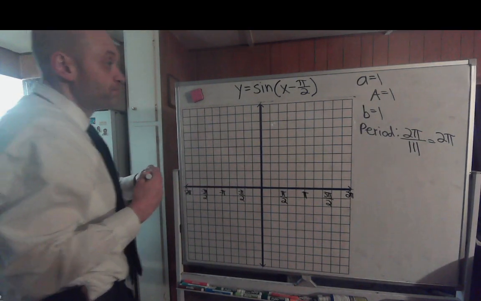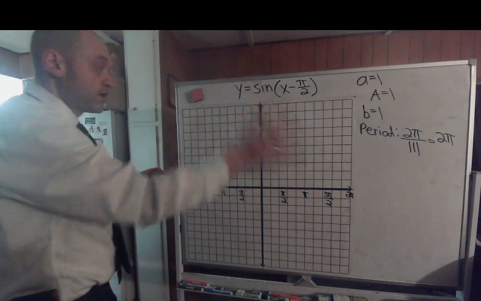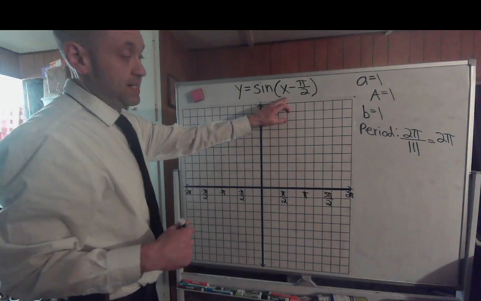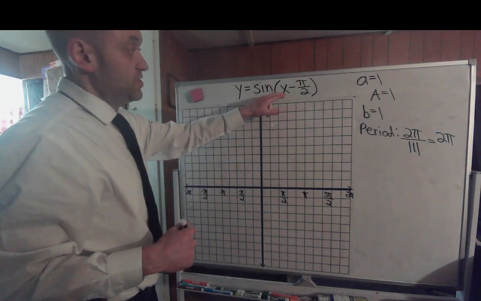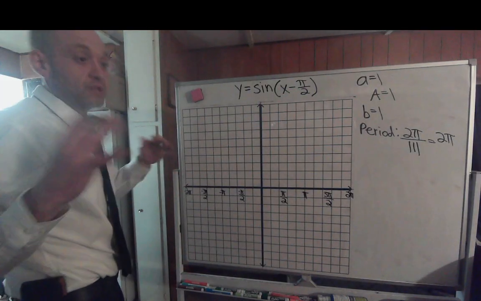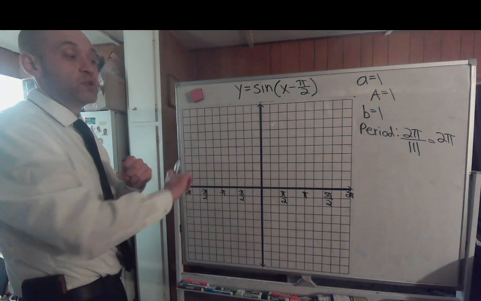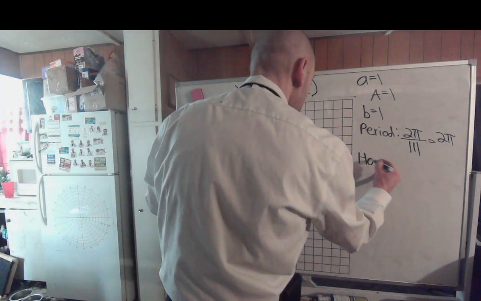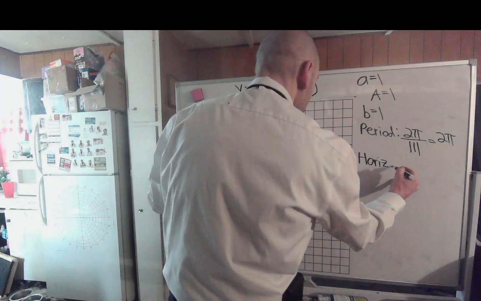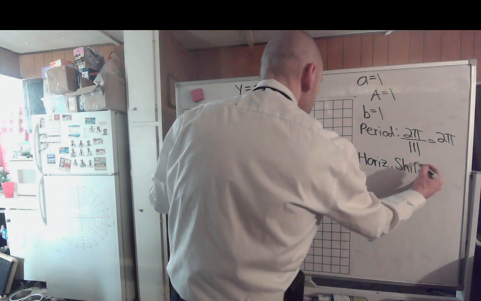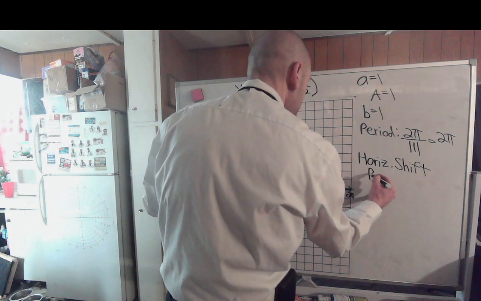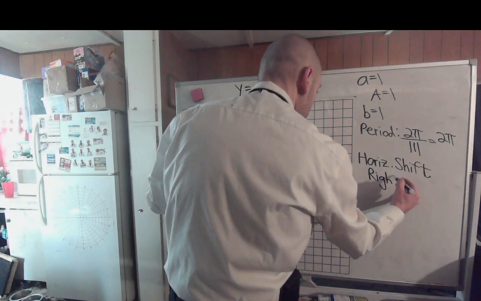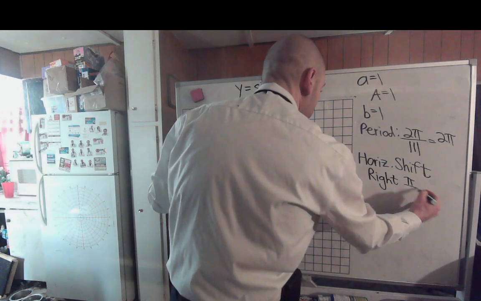All right, now we got our period, we got our amplitude. Look inside of the parentheses. You see x minus pi over 2, that means it is going to be a horizontal shift to the right of pi over 2 units.